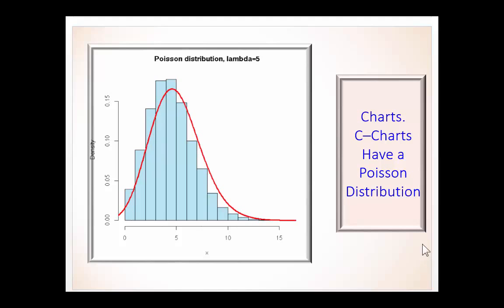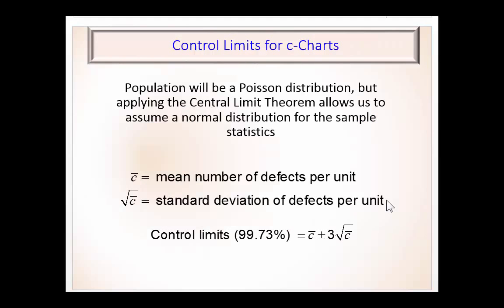But the unique thing that we like about the Poisson distribution is that it enables us, or the central limit theorem enables us, to calculate the standard deviation by just taking the square root of the mean. That is because in a Poisson distribution, the variance is equal to the mean. So if you think about that, that really makes things easy.